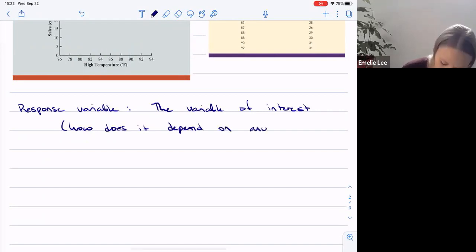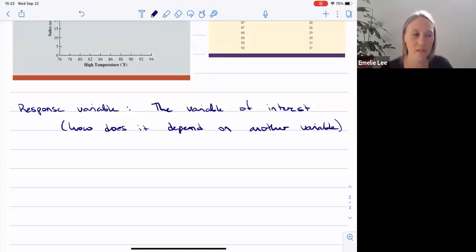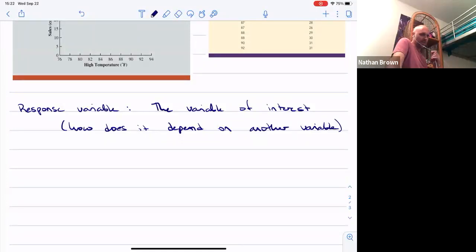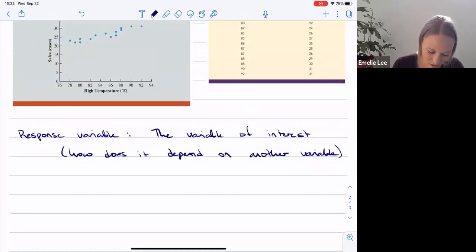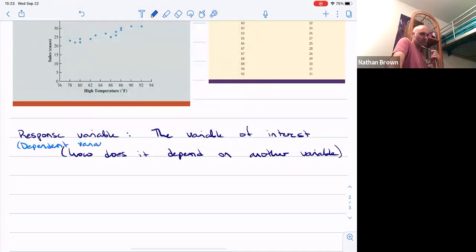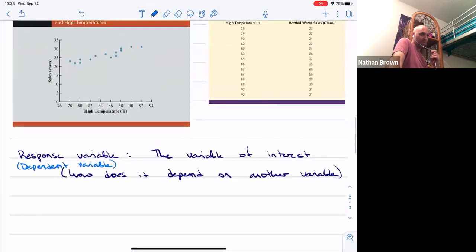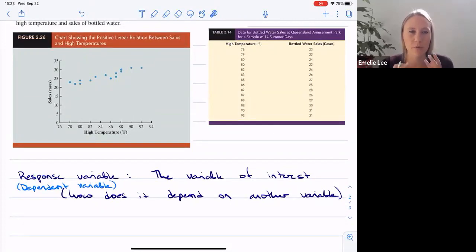on another variable. I was going to say dependent variable. Oh, yeah, nice. Thank you. So it can be called the response variable. Sometimes it's called the dependent variable. It totally depends on what field you're from.